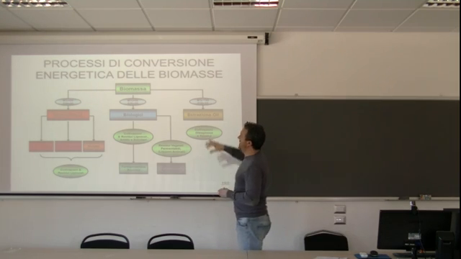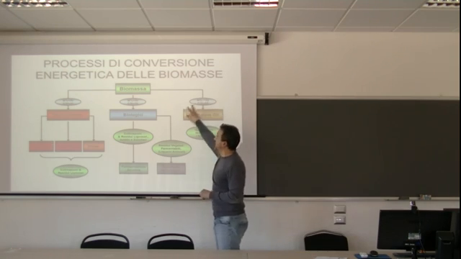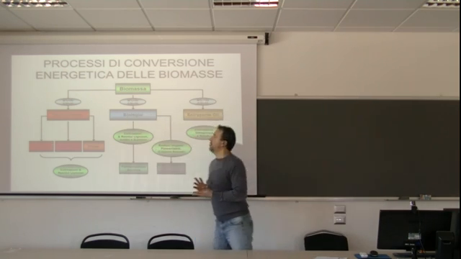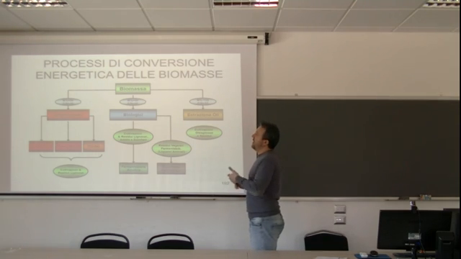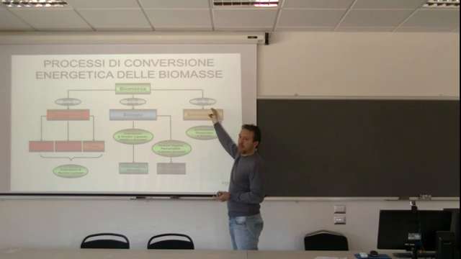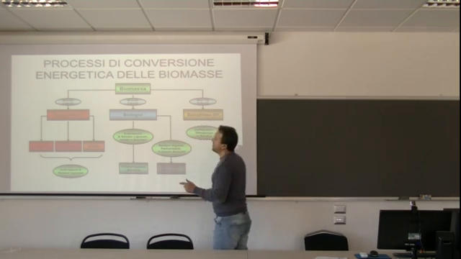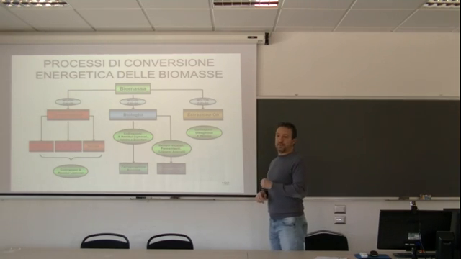Here you can see we start from biomass, of course. Here you can see the main parameters that give us information about the pathway we should follow: moisture in percentage, and the ratio between carbon and nitrogen.